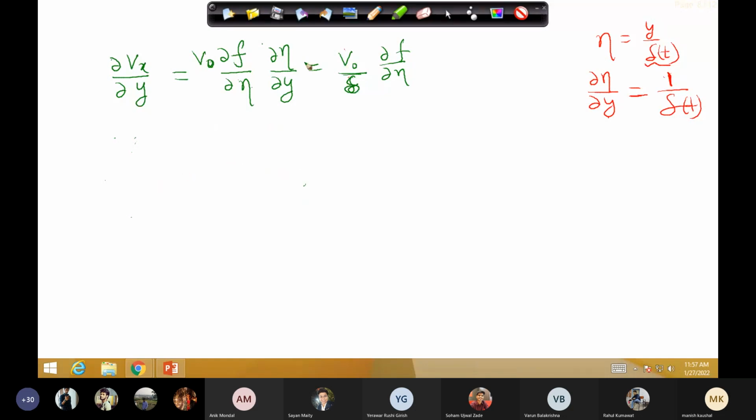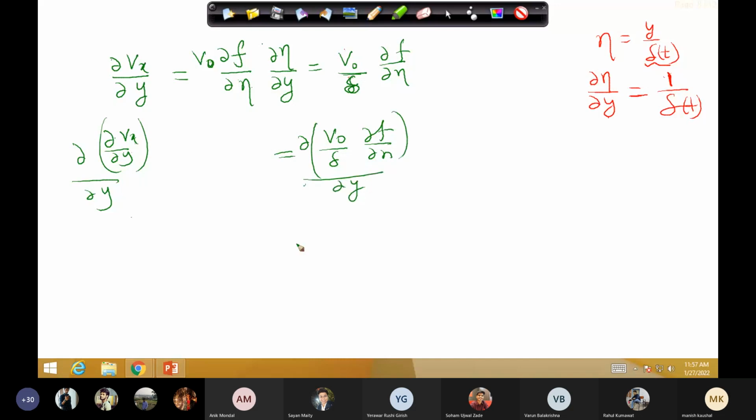So now differentiate both sides with respect to y. So dou of dou vx by dou y, dou y, is equal to v naught by delta dou f by dou eta, dou of dou y. But we want it with respect to eta.